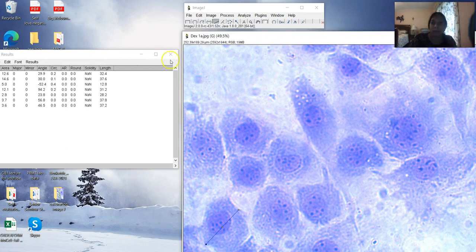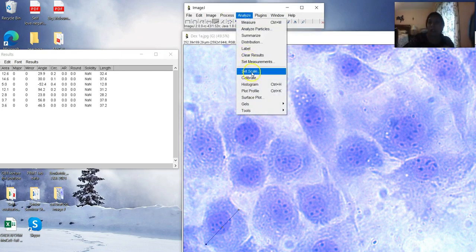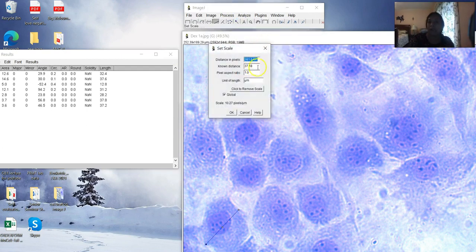So the most important part in here is that, one, your stage micrometer images should be taken using the exact same microscope that you're using to collect your images for analysis. And secondly, make sure that you are changing that calibration in image A by going to set scale and selecting the correct numbers before you make your observations, before you calculate your measurements.